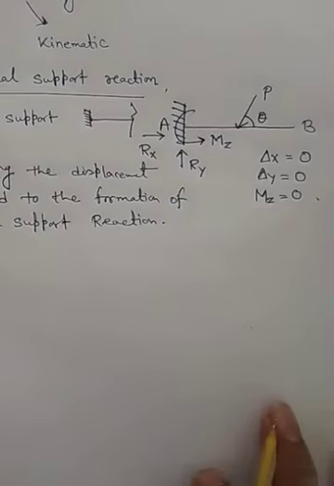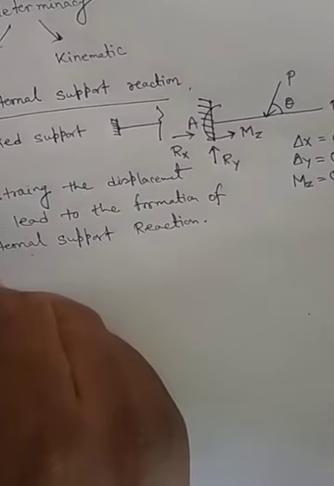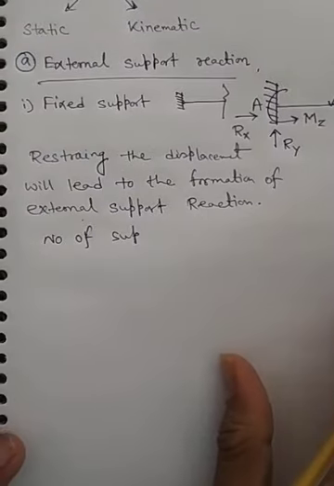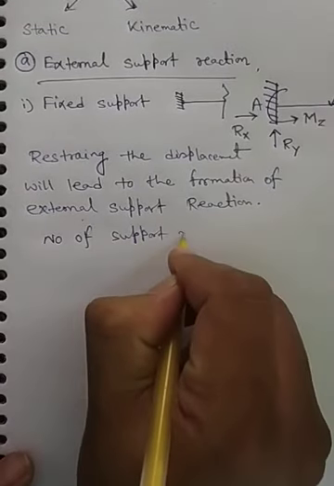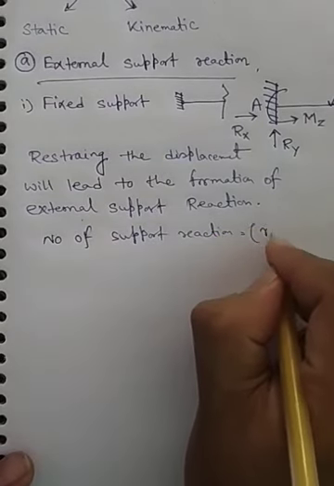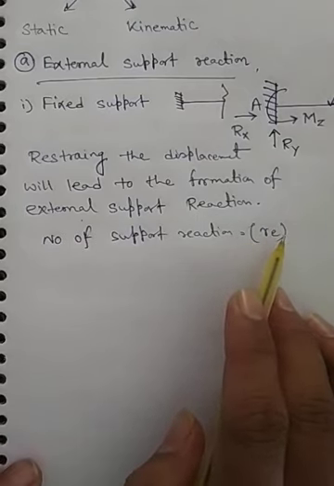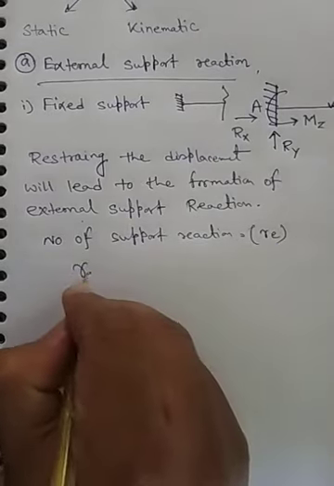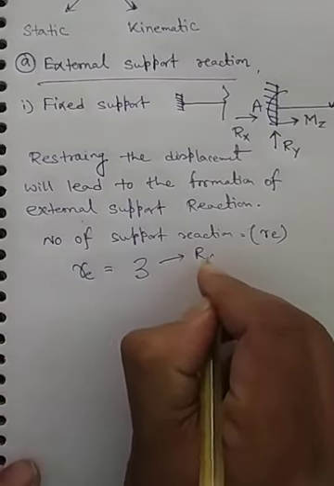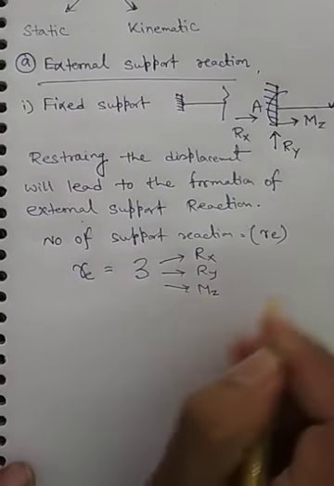The number of support reactions we mention as RE, that is reaction and E for external support. So the number of external support reactions is 3: Rx, Ry and Mz.